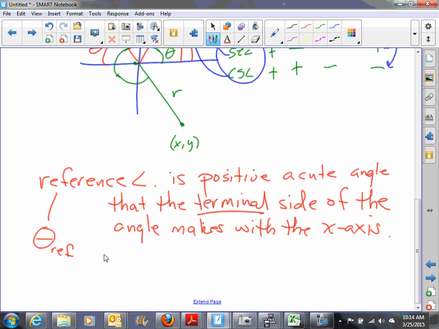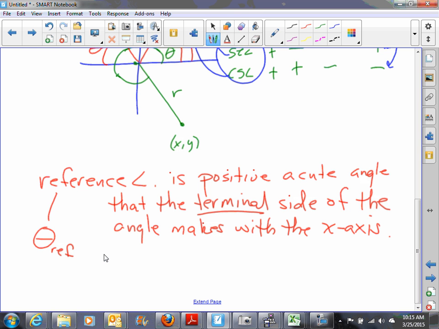Now, if you memorize and make this definition part of yourself, then the chart that they include as to how you find the reference angle in the different quadrants is just totally done away with. And all you need to do is draw yourself a little picture and look at it, and you won't have any trouble.